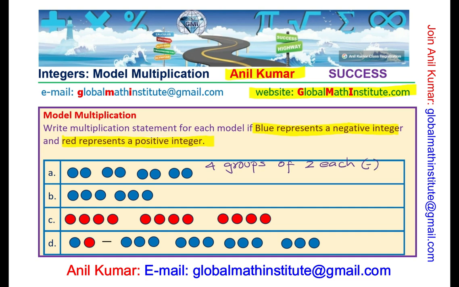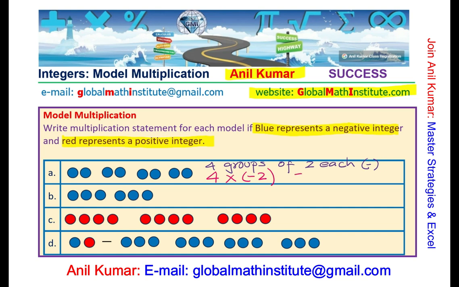Four groups of 2 each, negative integers. So if I have to model this, I'll say 4 times negative 2. Makes sense? That is what it is.